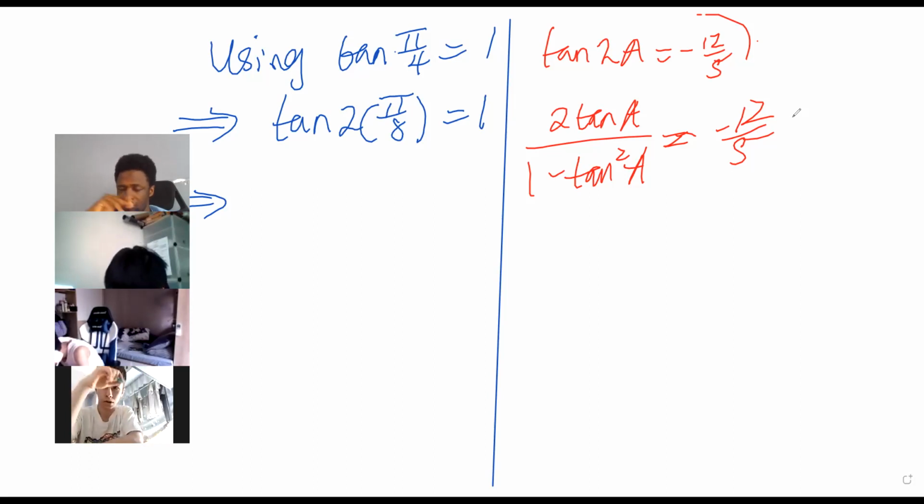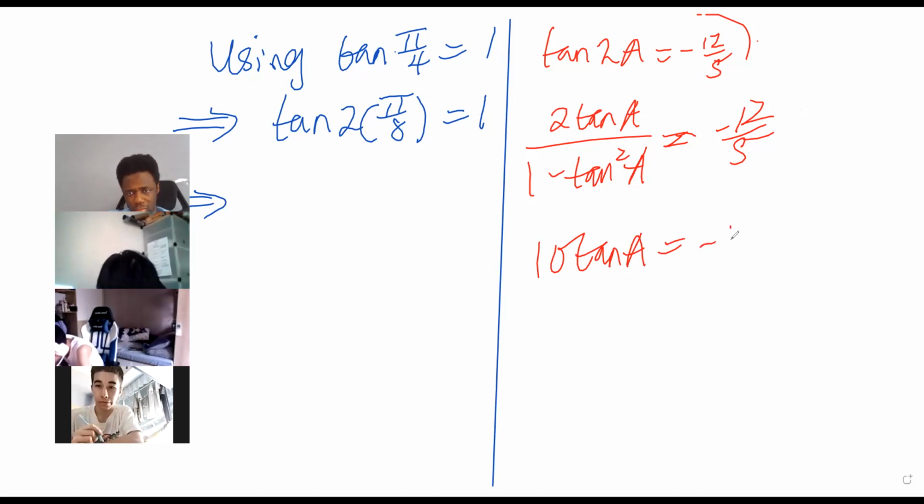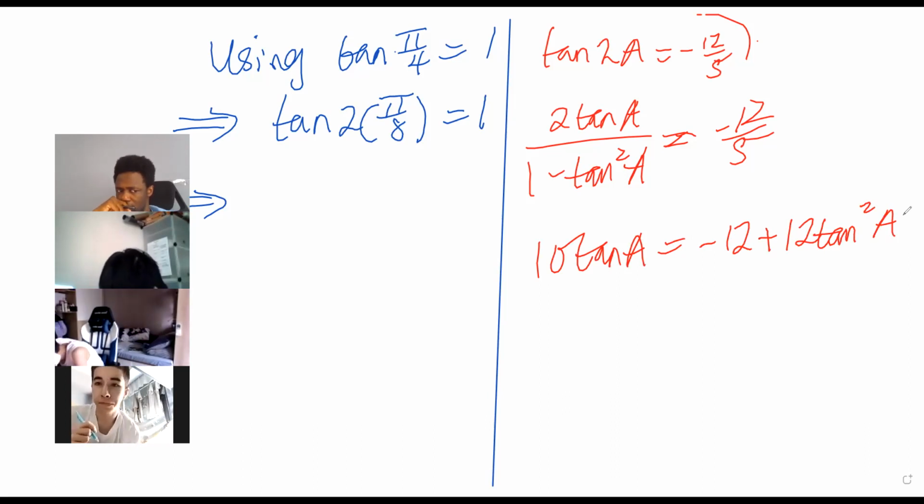You cross multiply it. So cross multiply: 10 tan A equals negative 12 bracket 1 minus tan A bracket square. Then you need to make tan A bracket square to get the tan A that we need to find.